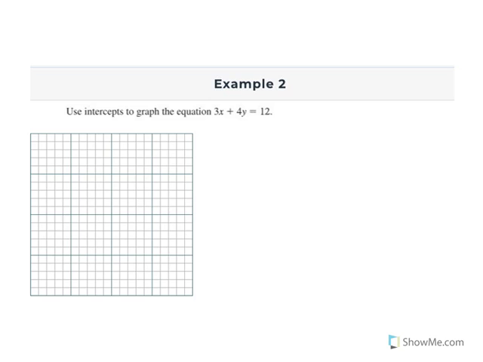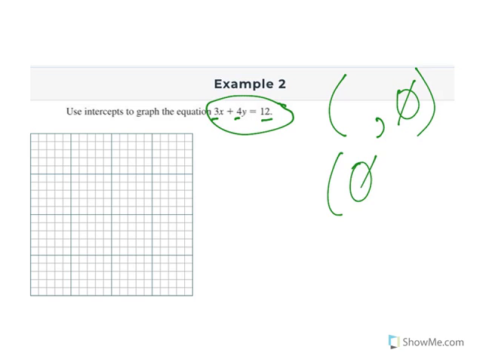So we need to graph this equation that is in standard form, ax plus by equals c. We need to figure out what is going to be in those two spots. This is so much easier than you are going to believe.